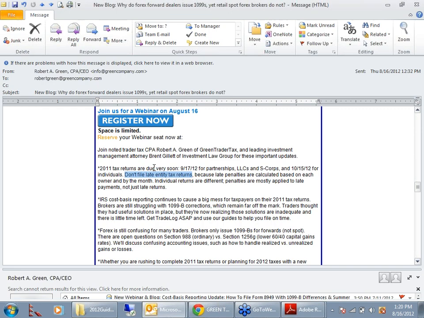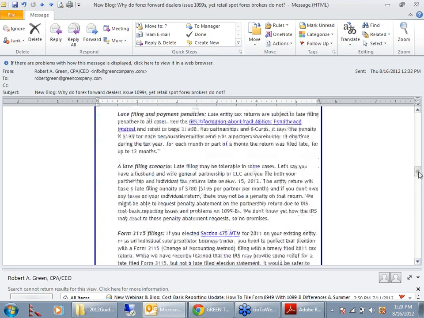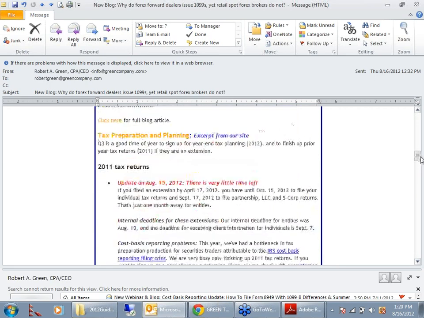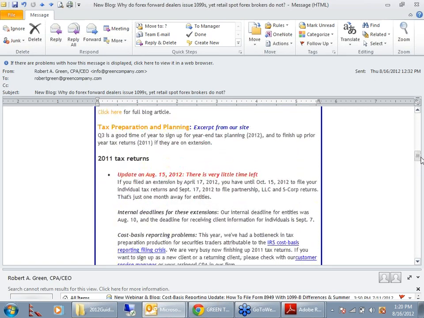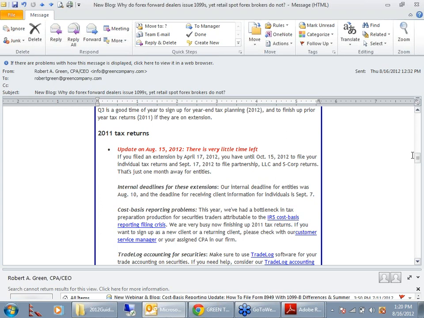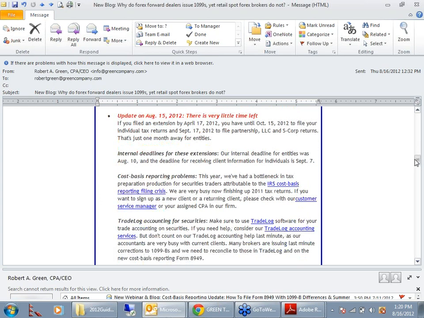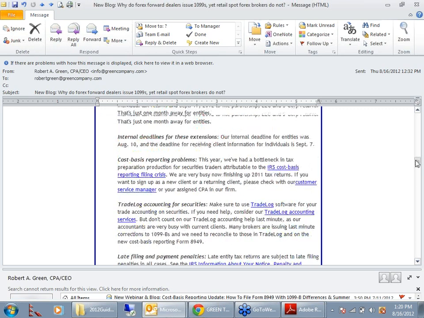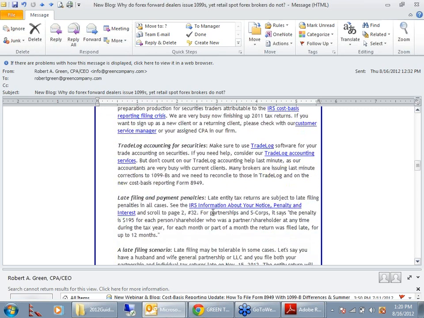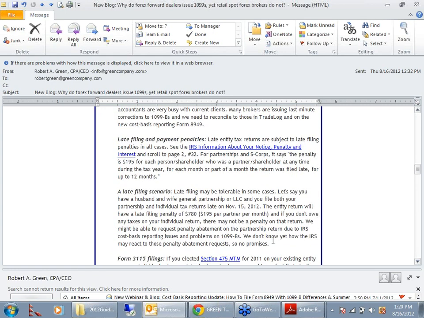As I pointed out in another update, this is an excerpt from our tax prep and planning page, where I give a little bit more information about our deadlines and about the penalties. I say we might try to go for penalty abatement, but we don't know how the IRS will react.